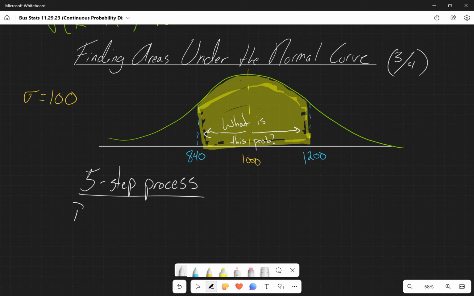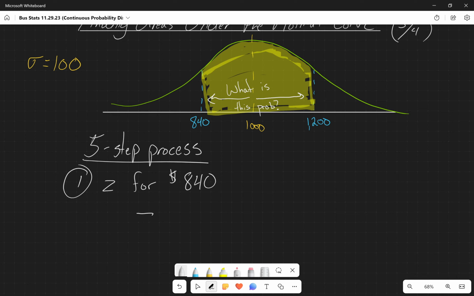The first step is we have to calculate the z-value for the income of the driver who earns $840. Calculating our z-value, we're just getting that normal distribution into a standard normal distribution. So we take whatever that x value is, subtract mu from it, and divide by the standard deviation.